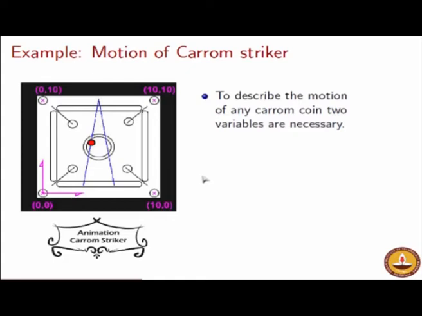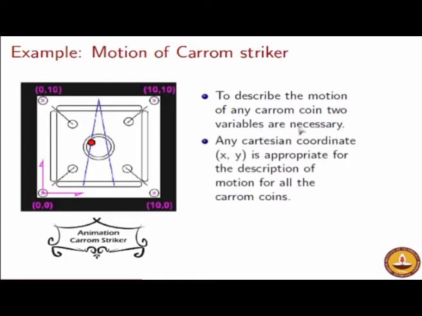So as we said, for the carom striker we need to describe the motion with two variables, and what seems to be appropriate is the xy system. Here we have just taken an example where the carom board is of size 10, maybe you can call it 10 inch.